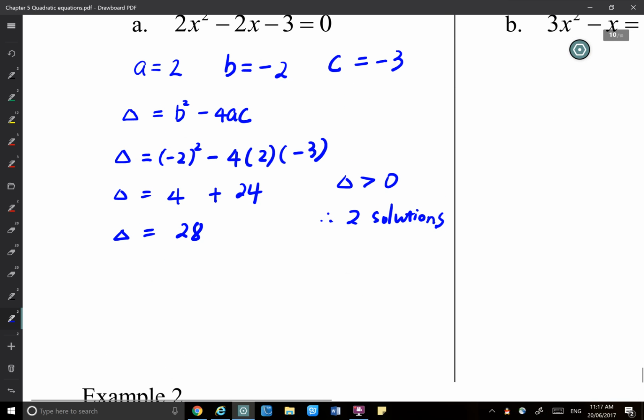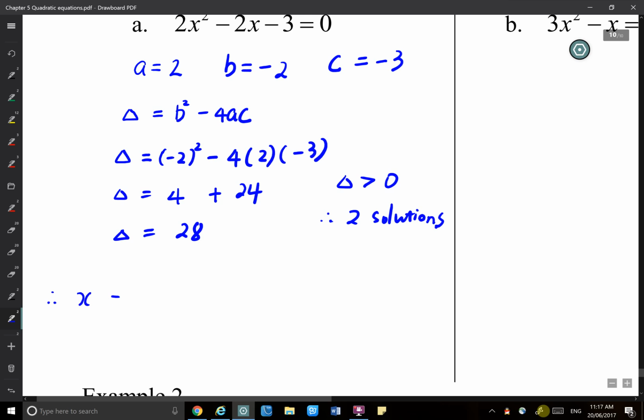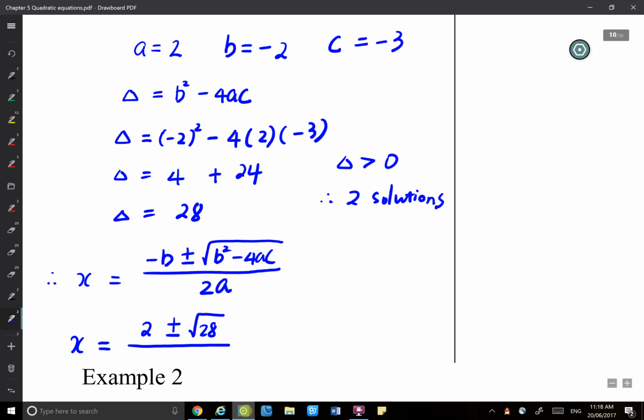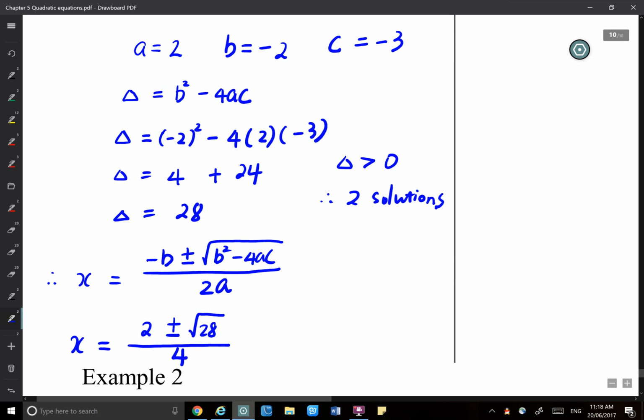Okay, so what's the formula? The formula is x equals to minus b plus minus square root b squared minus 4ac over 2a. That's the formula. So x will equals to minus b is 2 plus minus square root of b squared minus 4ac is discriminant, that's 28, over 2a. 2a is 4.